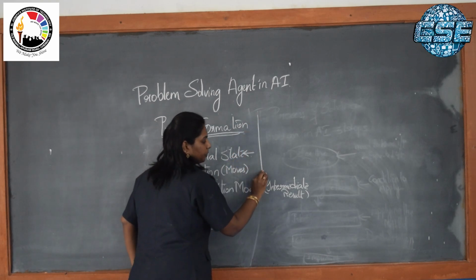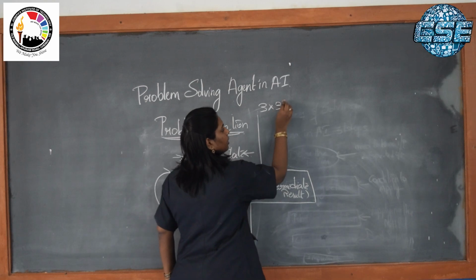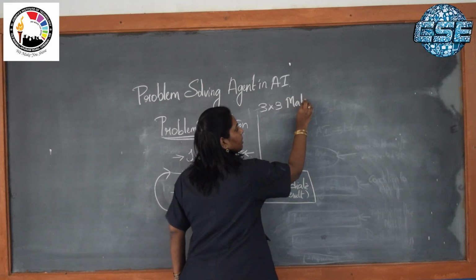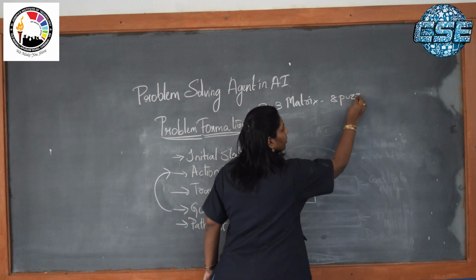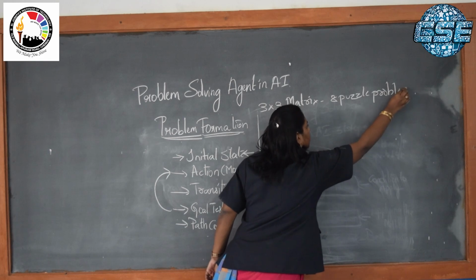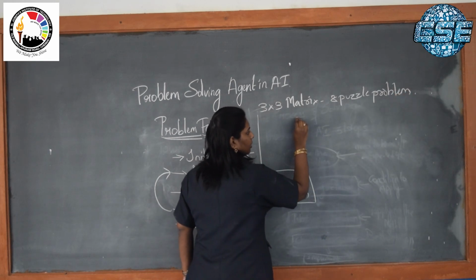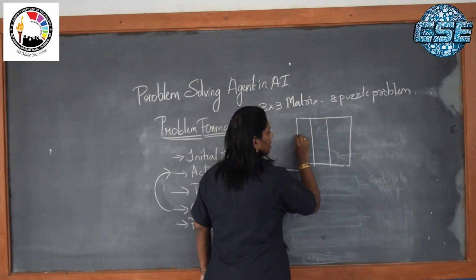For example, I am taking a 3 cross 3 matrix, that is an 8 puzzle problem. My 8 puzzle problem is, for example, this is my question.